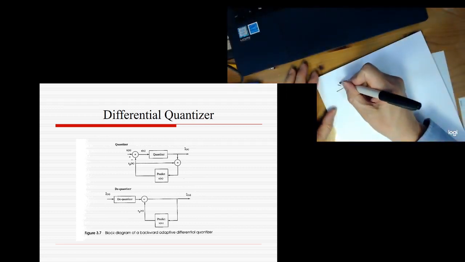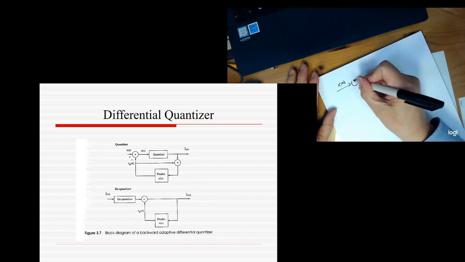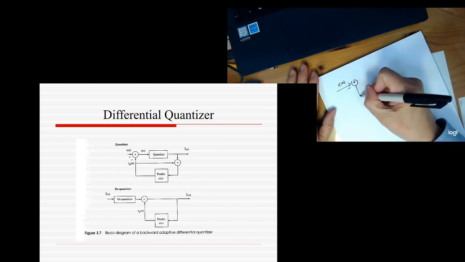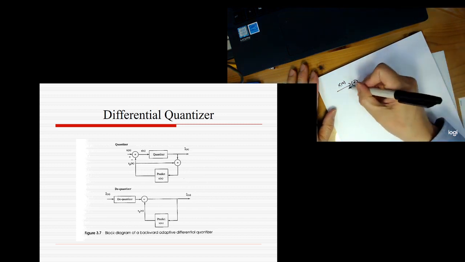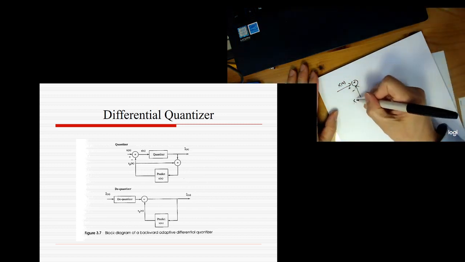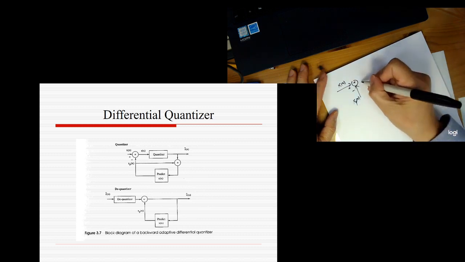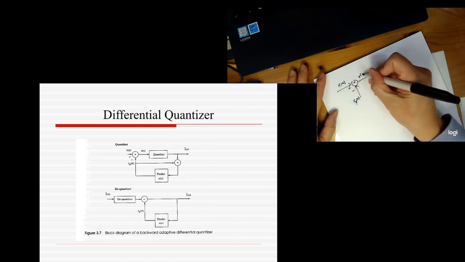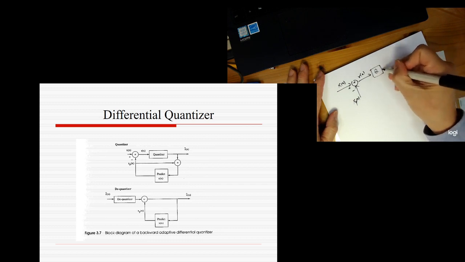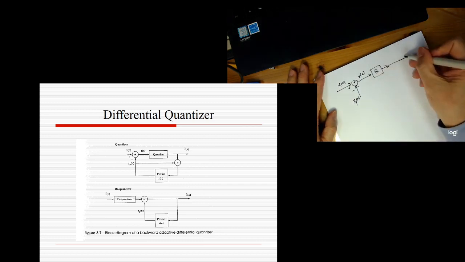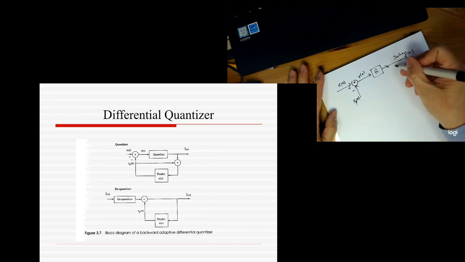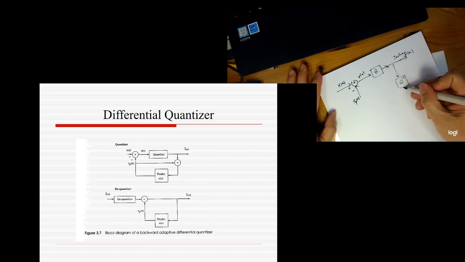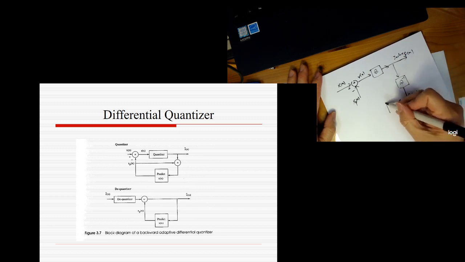We have S of n, and we do the subtraction using our SP of n. We get R of n. Then it is quantized, and what goes through the channel is the index, index R hat of n. Then they do the dequantization by table lookup, so we can get R hat of n, and we pass it on.